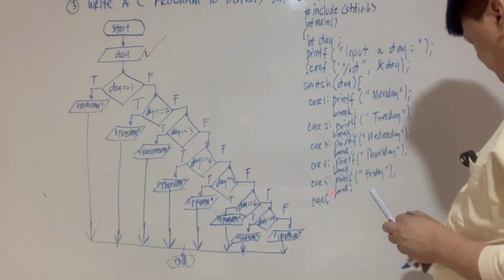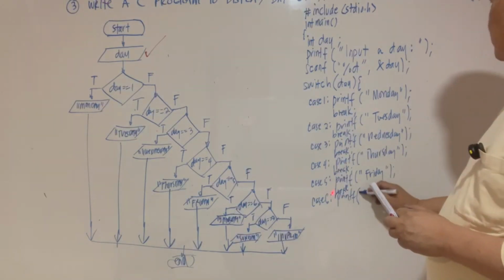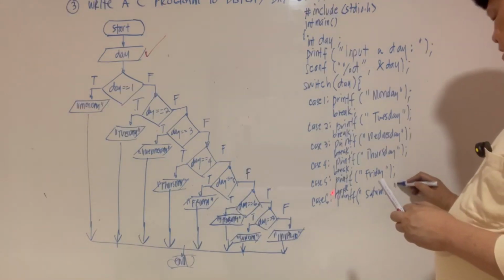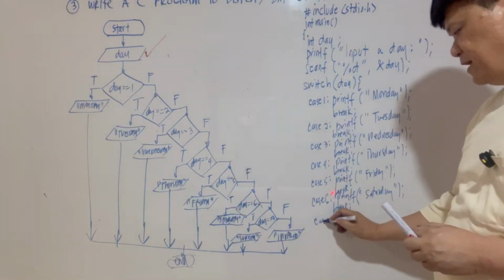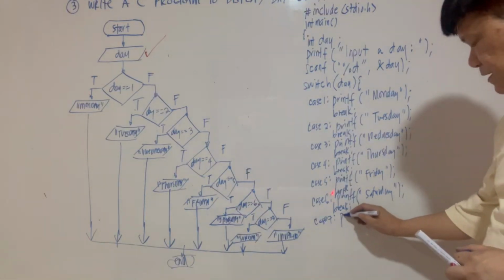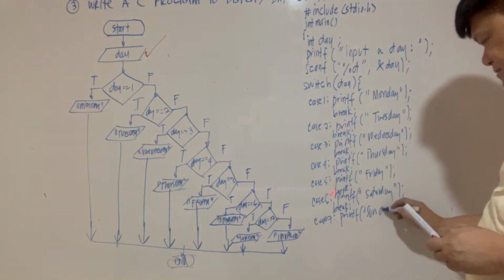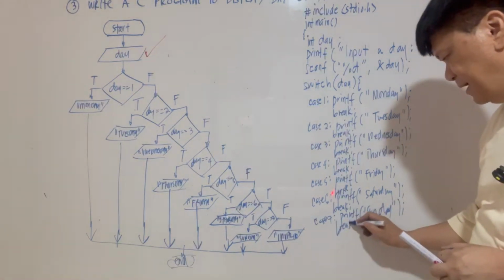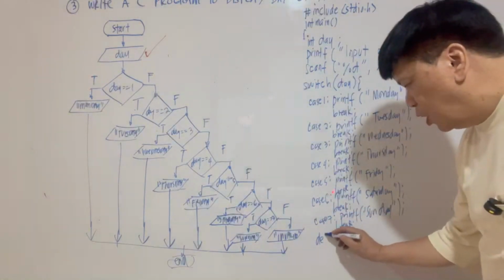Case 6, printf Saturday, break. Then you have case 7, printf Sunday, then break. Then finally, the last one, you put here default.